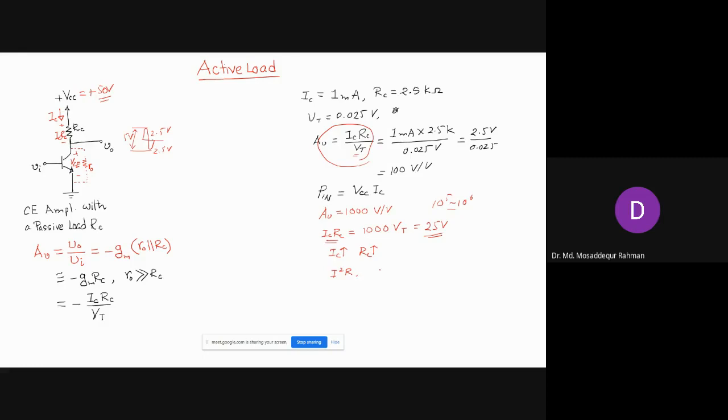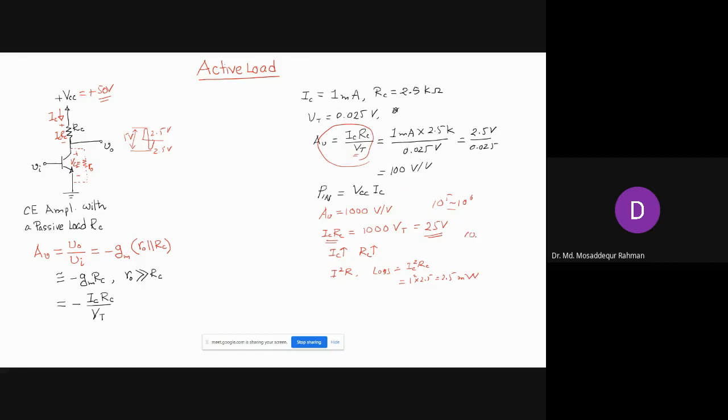Before, the power loss was I squared R, IC RC in this case. I was 1 milliampere, so that is just 1 squared, and RC was 2.5, so that gives you 2.5 milliwatt. Now if you want to increase the gain from 100 to 1000, you have to increase I. Let's say you increase I 10 times.